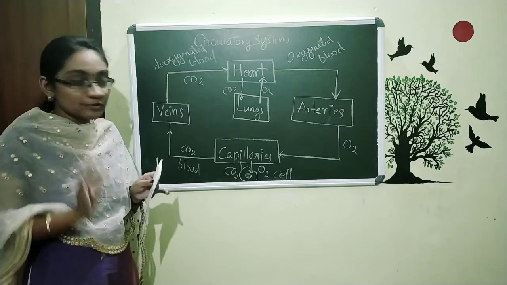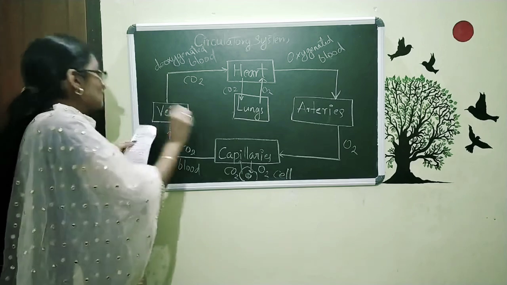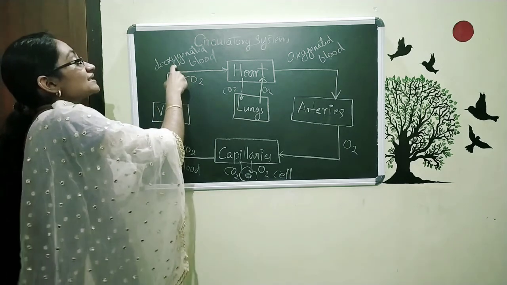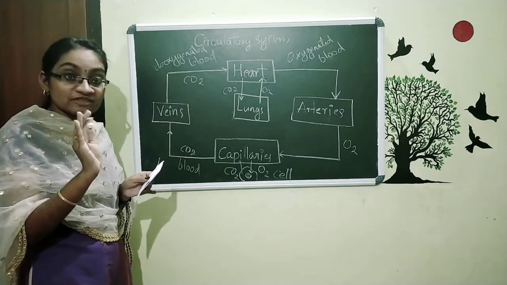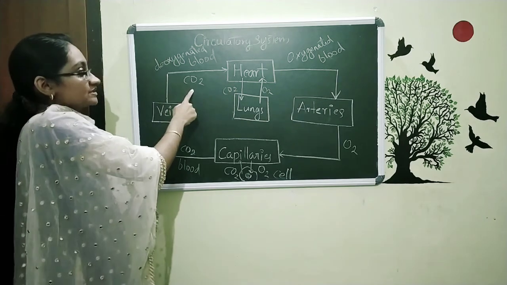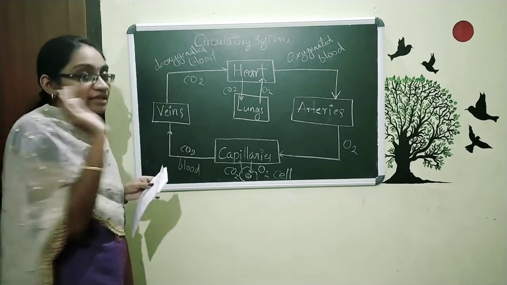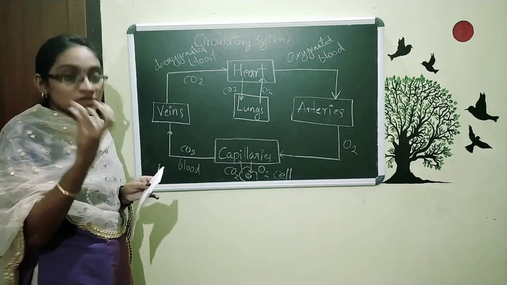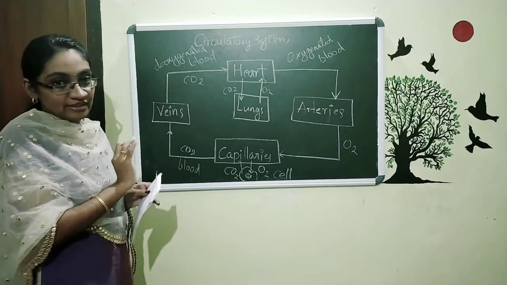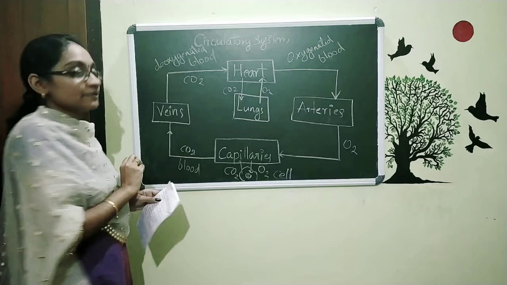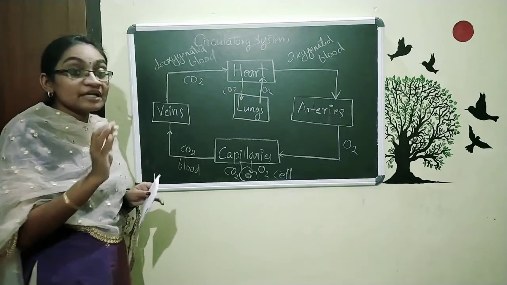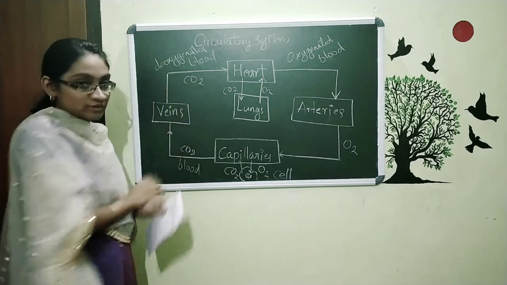So, deoxygenated blood means the blood which contains carbon dioxide. Deoxygenated means it does not have the pure oxygen, it has carbon dioxide, and we call it deoxygenated blood, or the blood which is rich in carbon dioxide.